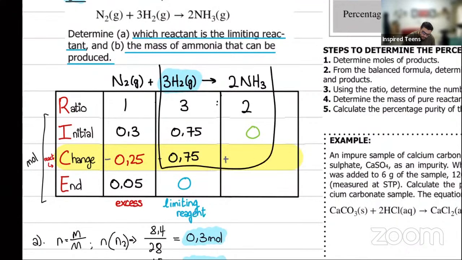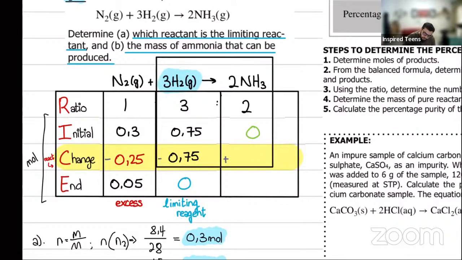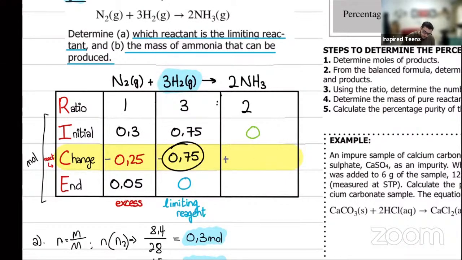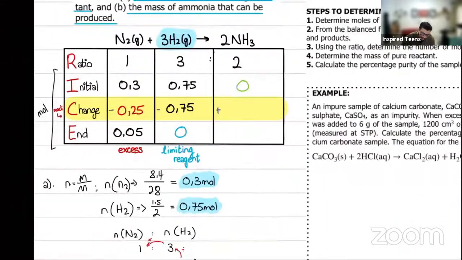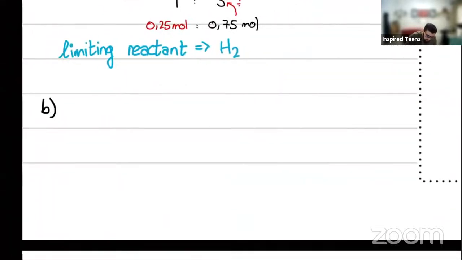Okay. So let's do that. It's a 3:2 ratio, okay. So we can use the 0.75 divided by 3 multiplied by 2 to give us the amount of moles we have in the change of NH3. Okay, so we say moles of H2 to the moles of NH3. What is this relationship?